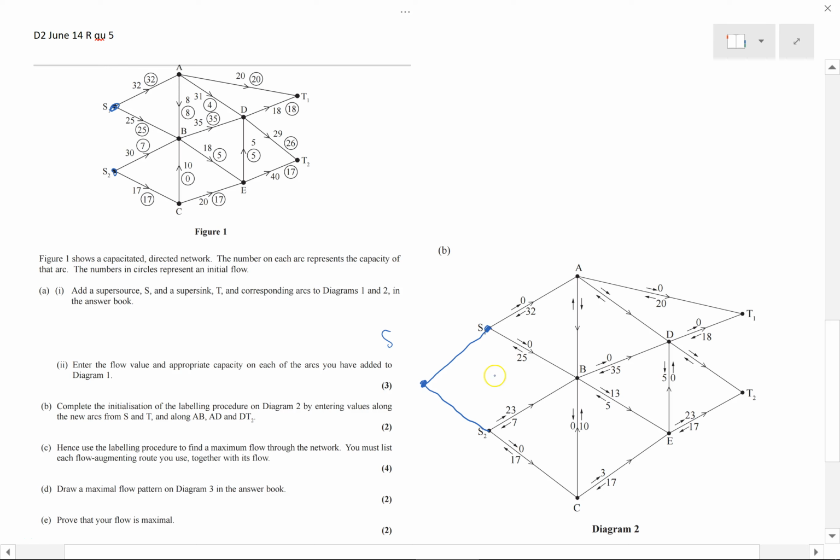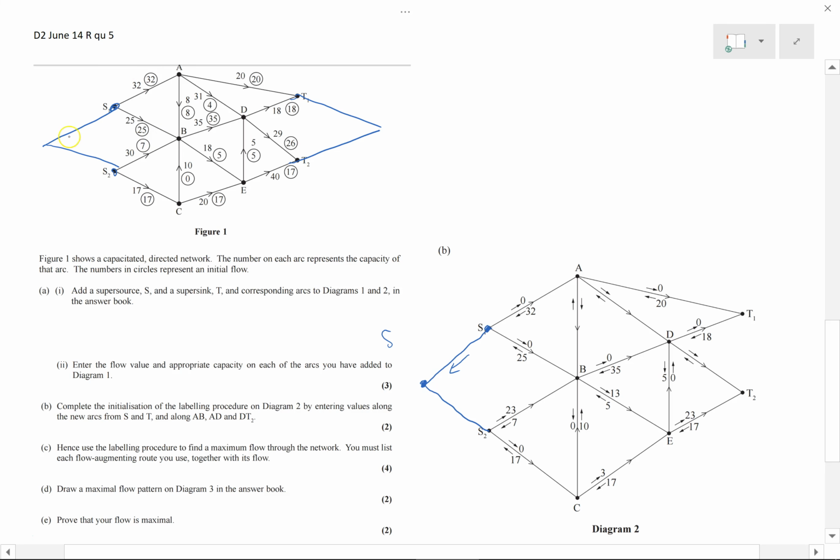So the total capacity has got to be equal to 57, so we write in 57. I think it might have been like this in the original question, so we'll add it here as well, and then I'll add it onto the labeling procedure.